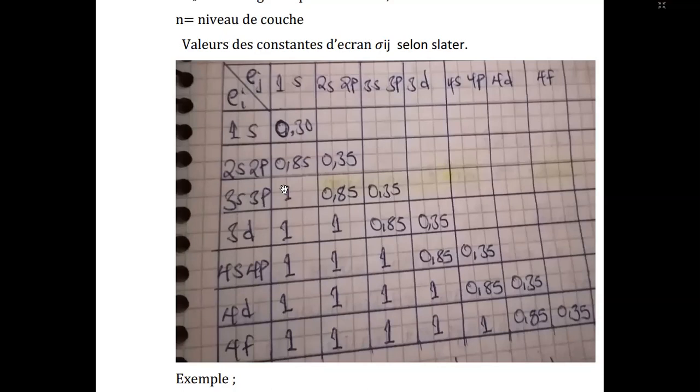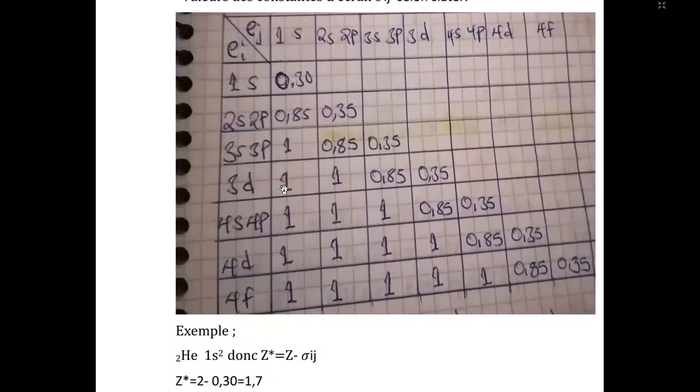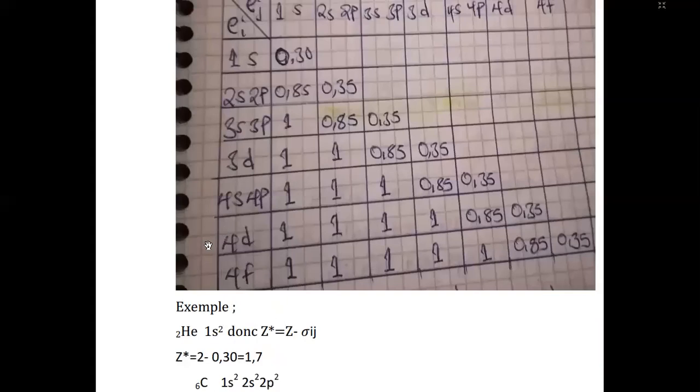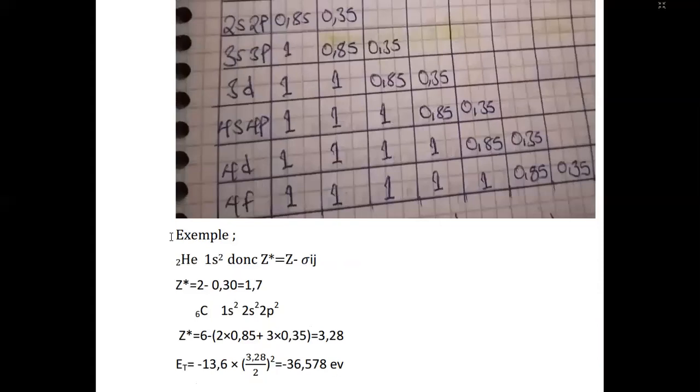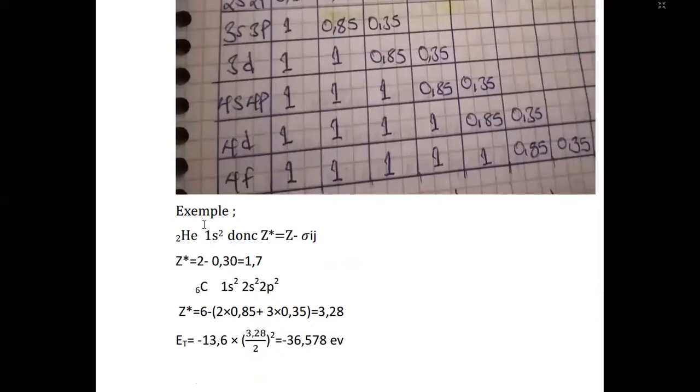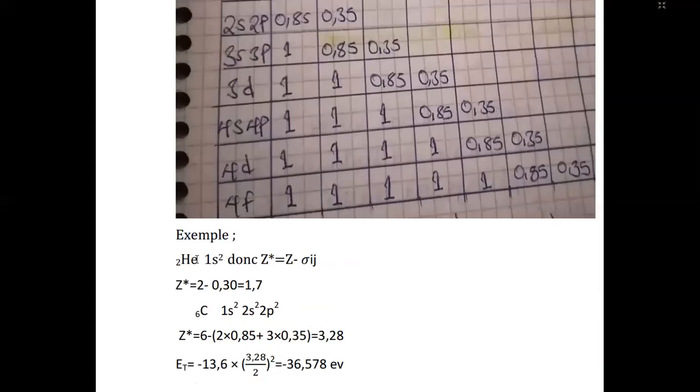So an example here is helium. Helium has how many protons? 2. If it has 2 protons, it means it has 2 electrons. So its electron configuration will be 1s2. Since it's possible for S to have 2 electrons, 1s2 means it only has 1 shell. So Z is the number of protons minus the screening constant times the number of electrons.